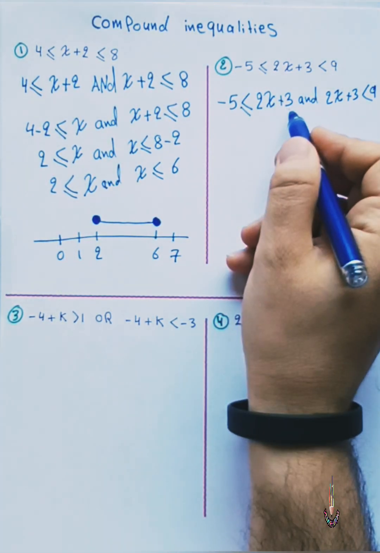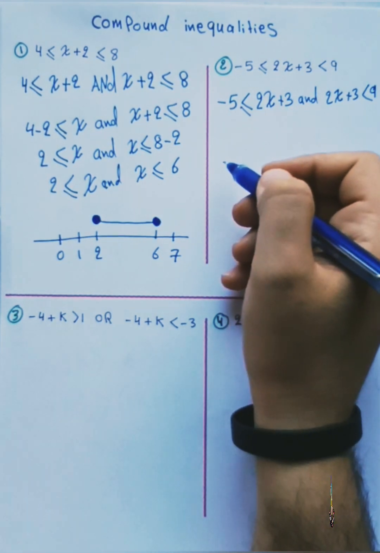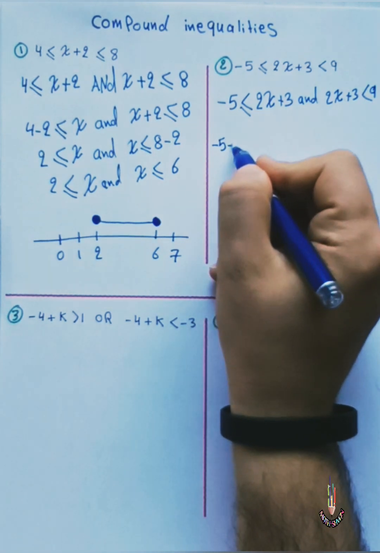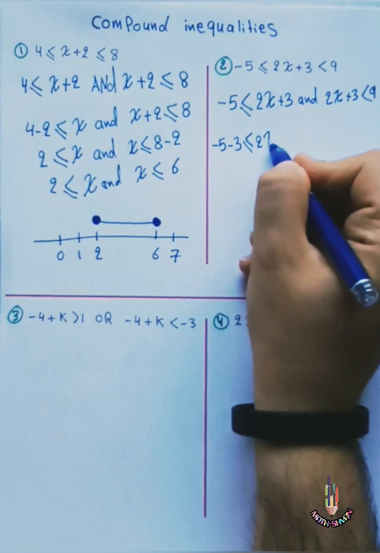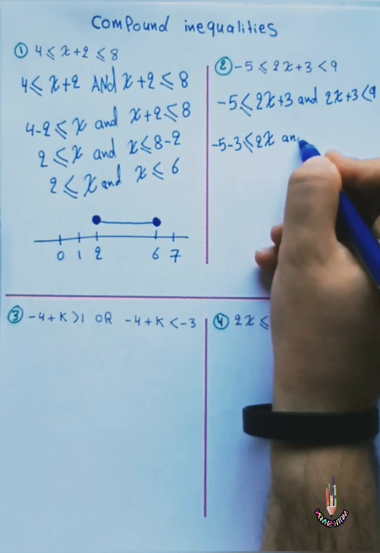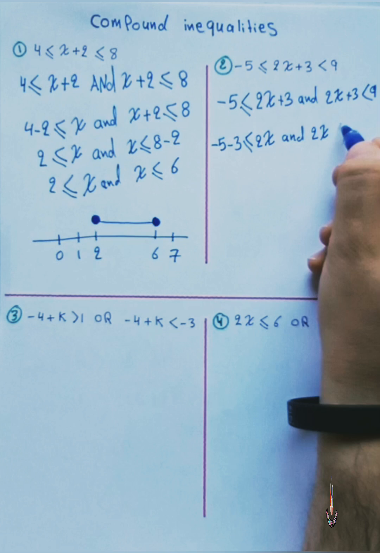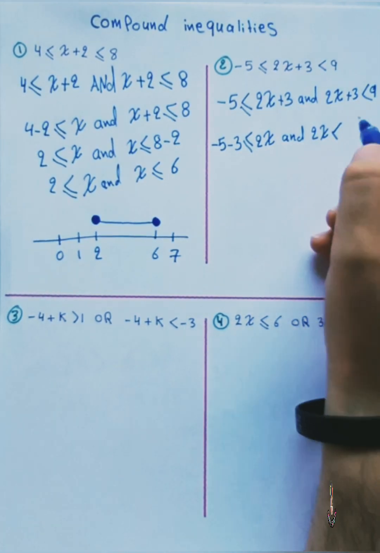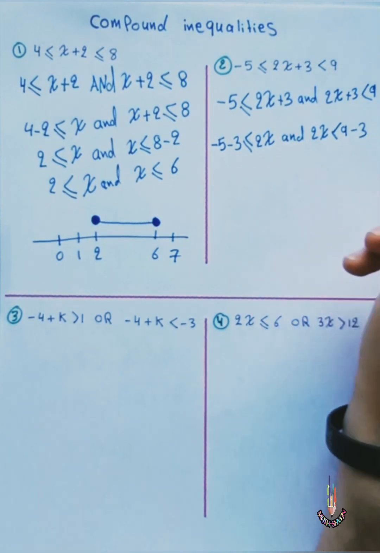So we can move the positive 3 to the left side. So we have negative 5 minus 3 is less than or equal to 2x. Positive 3 becomes negative 3.